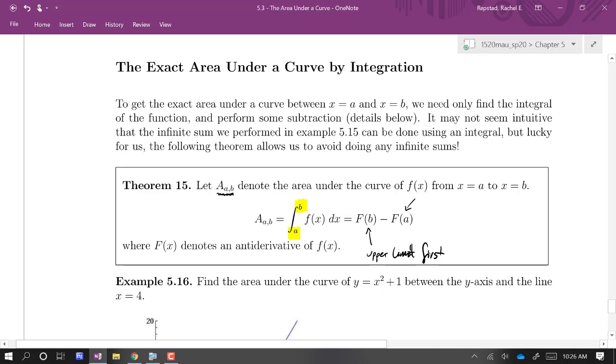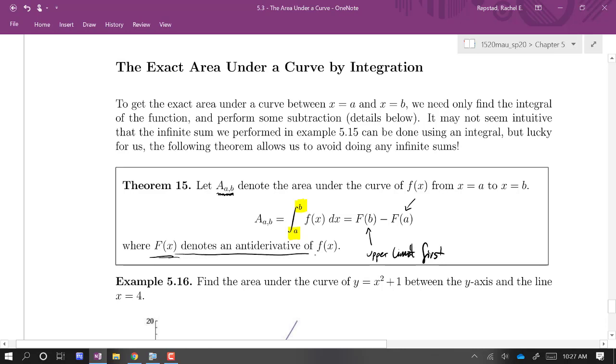So calculating this involves finding an indefinite integral, the same process of finding an antiderivative. But when we're integrating in this way to find an actual value, and we're going to plug in numbers, big F of x can just be an antiderivative.